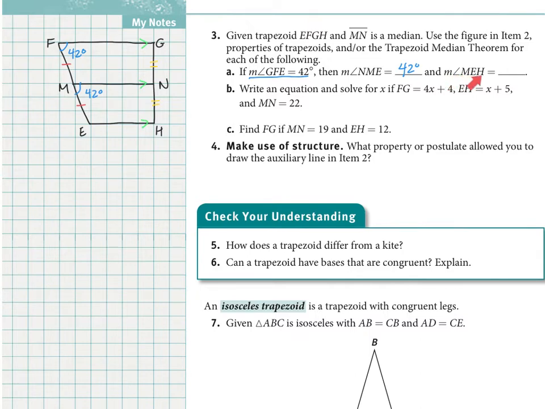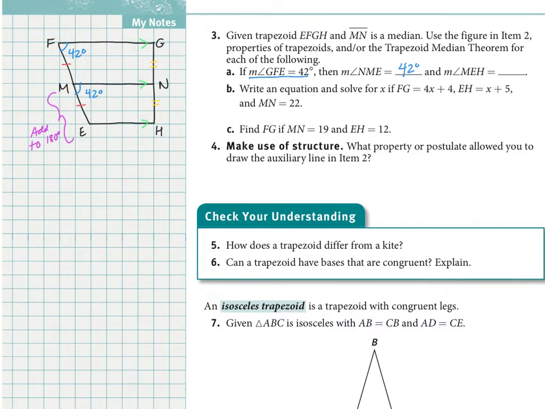It wants us to find the measure of MEH. So we want to find that angle measure. Right now, with the information that we have, we don't know how to find that angle measure. But what I'm going to tell you, and this is what we're going to learn, is that these two angles, the one that we focused on and the one that we're looking for, are going to add to 180 degrees.